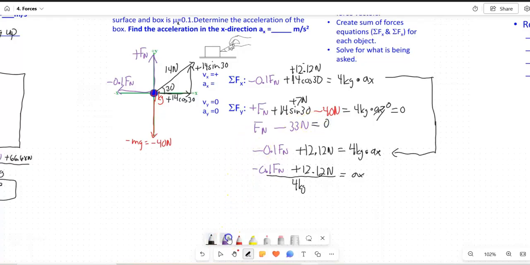And so that normal force is going to be 33 newtons. So that is what we're going to put in right here.